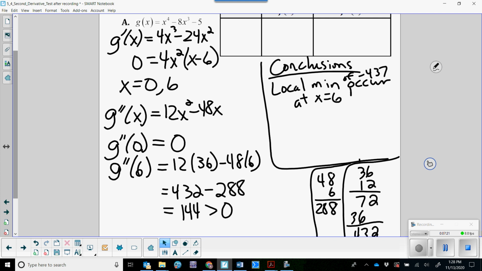And what was the reason? The reason is because g double prime of 6 is greater than 0. And that's our reason. Because I found critical points, I plugged it in, second derivative is positive.